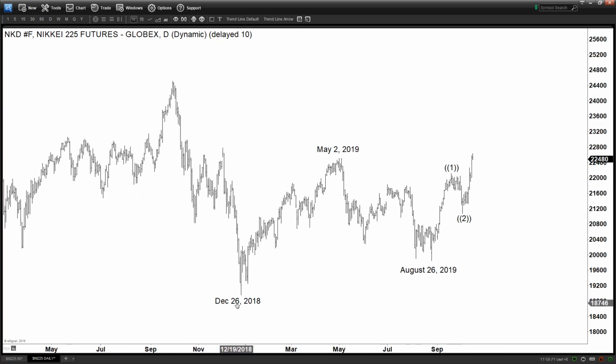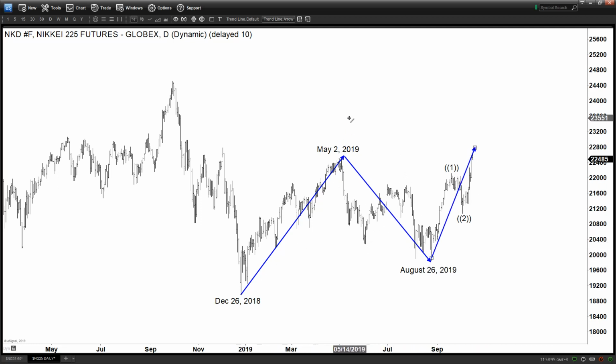If you take a look at the December 26 low as the starting point of the rally, it doesn't matter how you want to label this; you can label it as 5 waves, or 1, or A, or whatnot. You have a clear 3-wave pullback here. I think there is no question about that. Then after that, you have a new high above this.